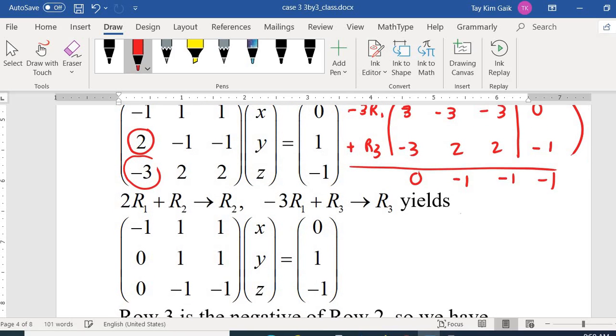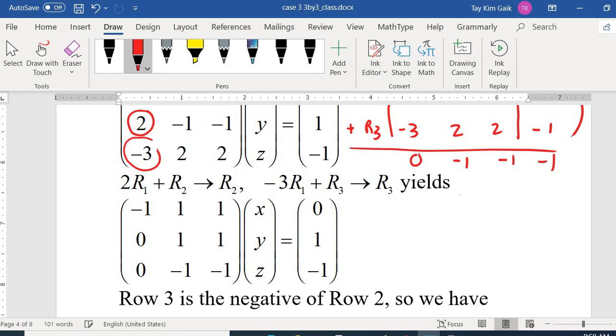And then, as just now, you can see row 3 is actually a multiple of row 2. If you multiply it by negative 1, we get positive 1, positive 1. So row 2 and row 3 are actually similar.